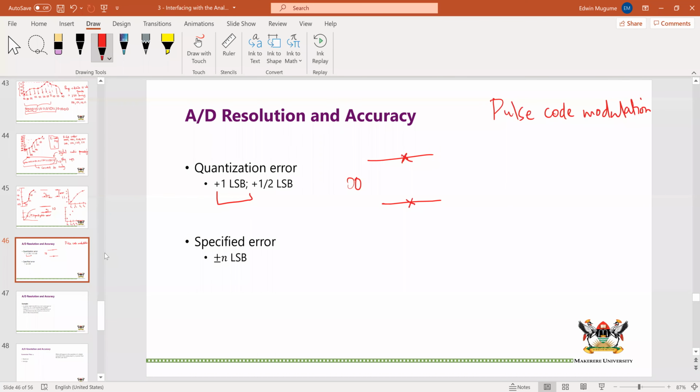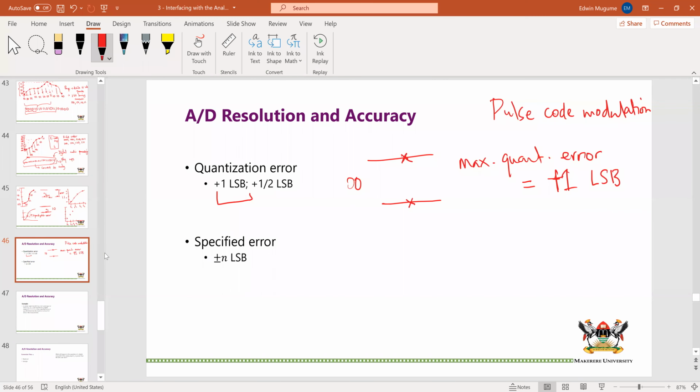It means that the maximum quantization error, sometimes they quote it as +1 lowest significant bit. I think you remember the units of the lowest significant bit, the weights of the most significant bit, lowest significant bit, and so on.